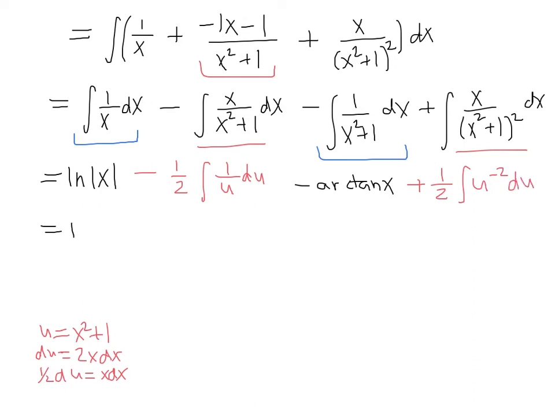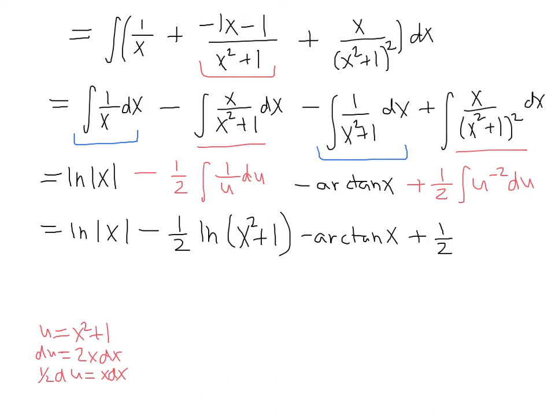So we have ln absolute value x minus 1/2 ln absolute value u, so put u back in, u is x squared plus 1, and the absolute value bars are not necessary there because x squared plus 1 is positive, minus arctan x, and then plus 1/2 u to the -1 over -1 plus c.